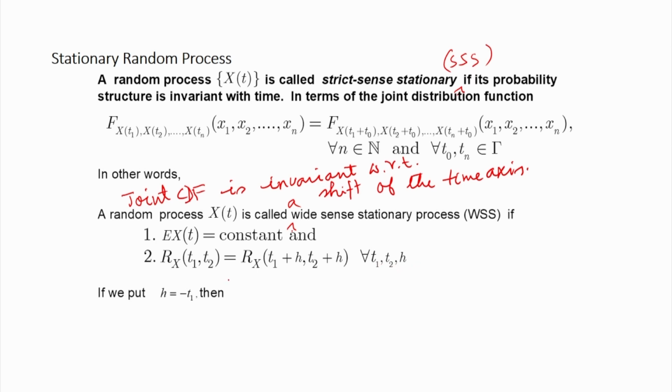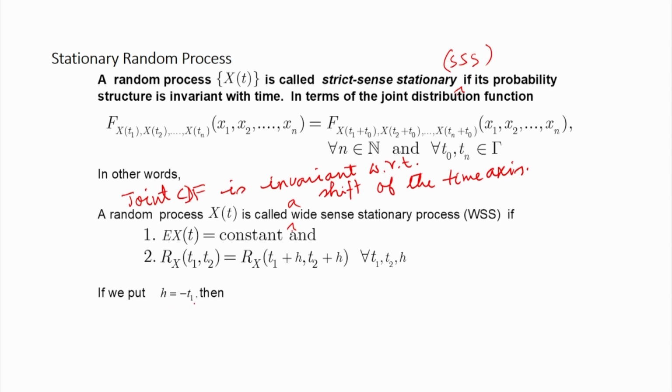If this happens, that is, for this random process the mean is constant and autocorrelation is independent of the shift of the time axis, then we say that this process is a WSS process, wide sense stationary process.